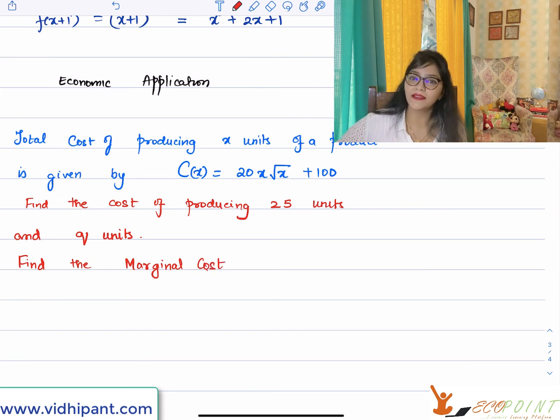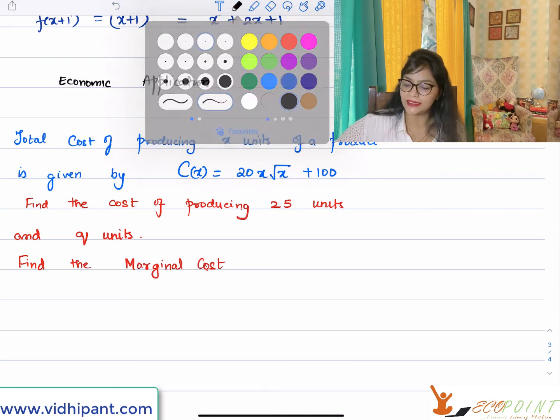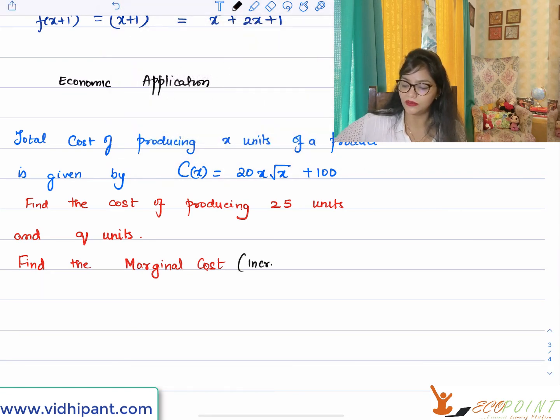Marginal cost is nothing but the incremental cost. So it essentially means what is the increase?